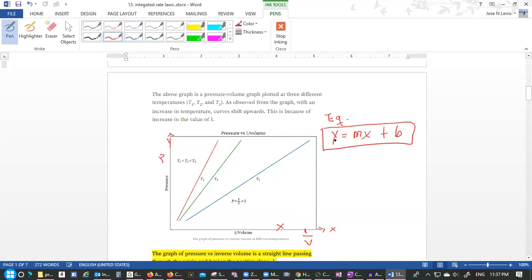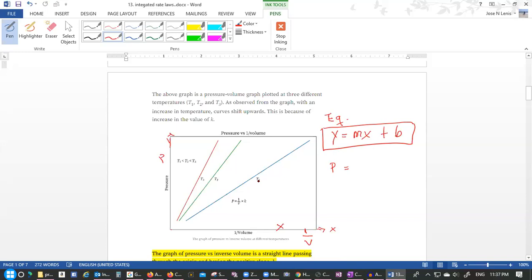So who's y here in the table? In the table, y is P. This is y. So you say y is P. What is m?